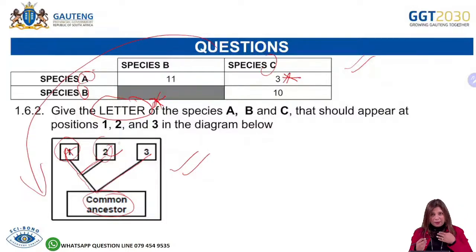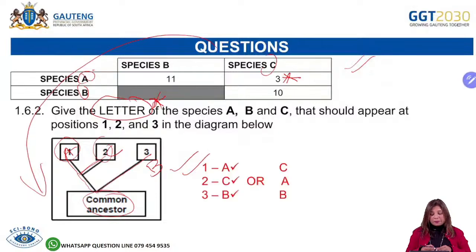Because I'm guessing that they are more closely related. And then where would species B be? I'm thinking species B might be at number 3. But let's see if we are correct based on our logic, and when we look at the diagram and when we analyze the numbers.